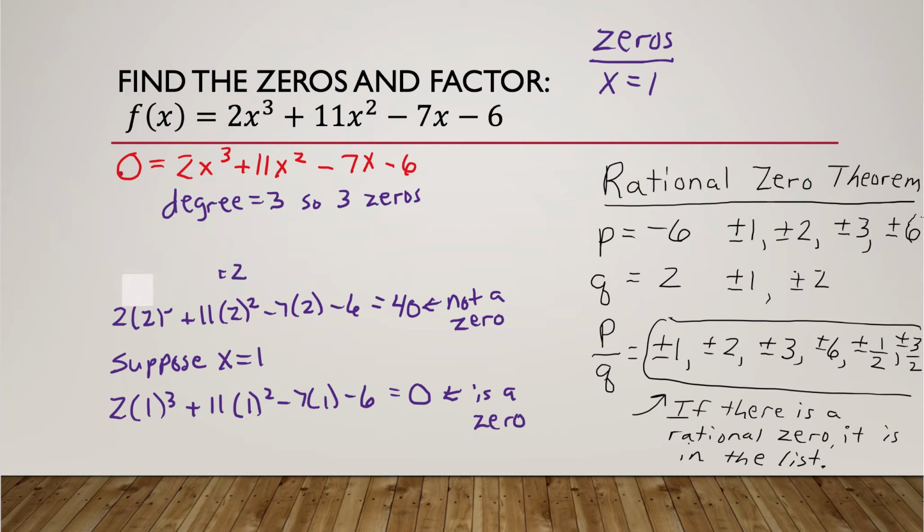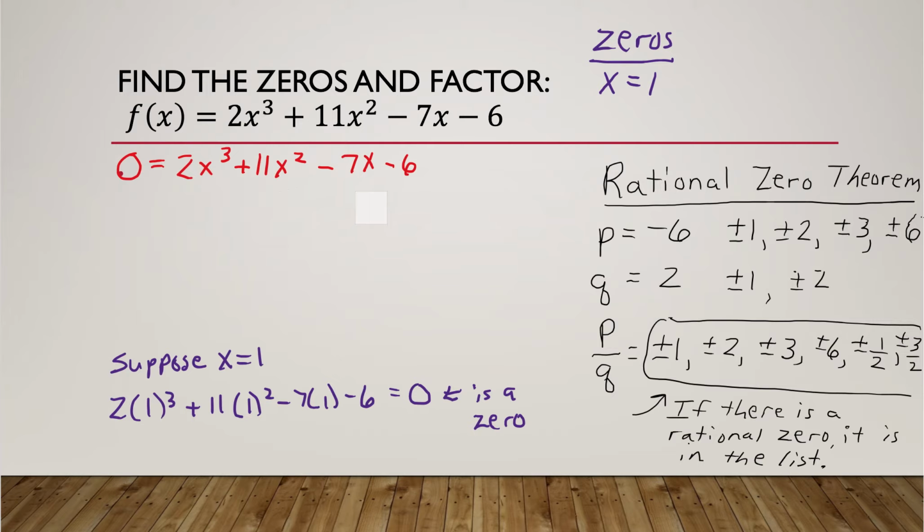All right, so let me make a little room here. What we're going to do is synthetic division with 1. Okay, so we know that that's a 0. Remember, you're going to put the numbers of the polynomial underneath.